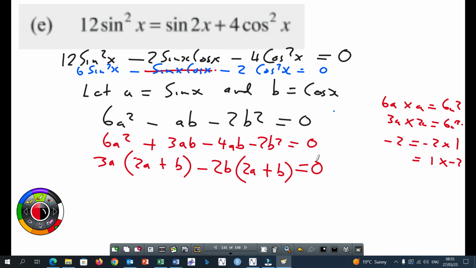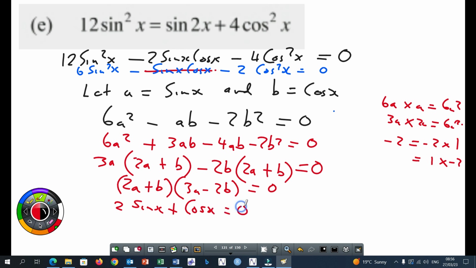Right? So, I got my factors here. So this is 2a plus b times 3a minus 2b equal to 0. So now I'm going back to cos. So this will be 2 sine x plus b, where b is cos x, equal to 0. And that one will be 3a, 3 sine x minus 2 cos x, equal to 0.